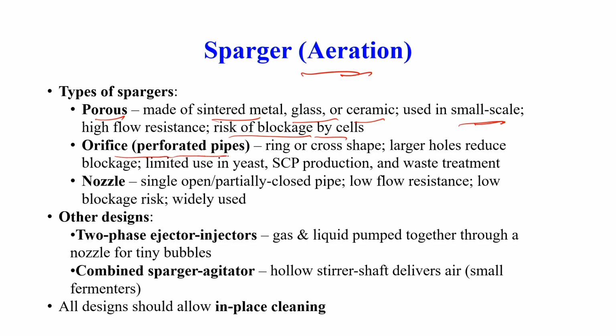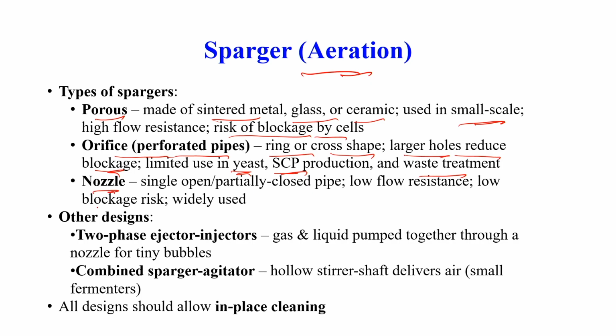Next is the orifice or perforated pipes. They are ring shaped or cross shaped. Their larger holes reduce the blockage. They are used in the production of yeast, single cell protein and wastewater treatment.